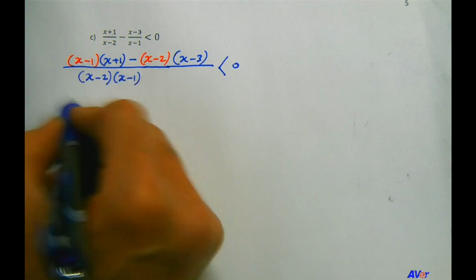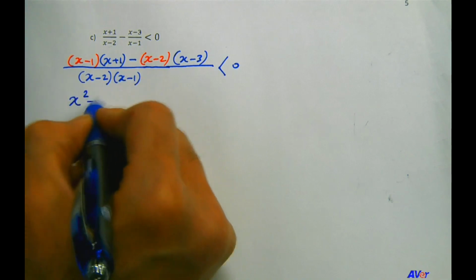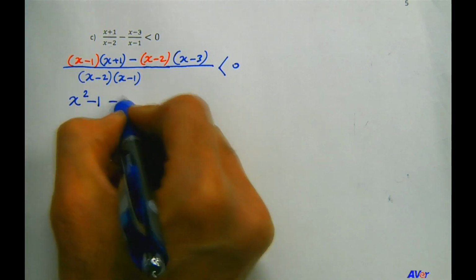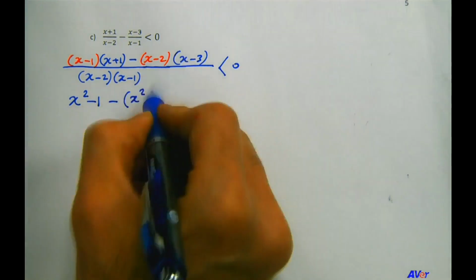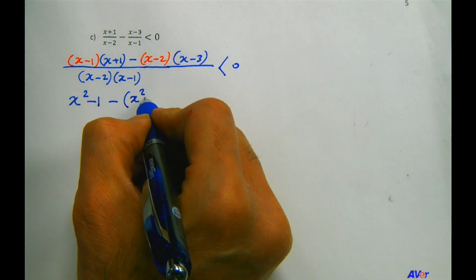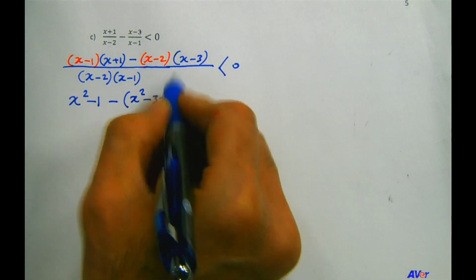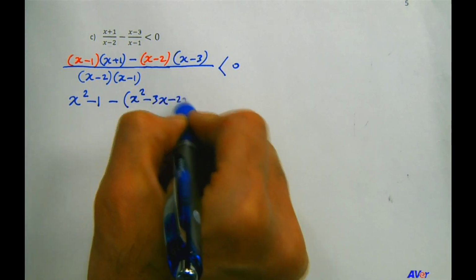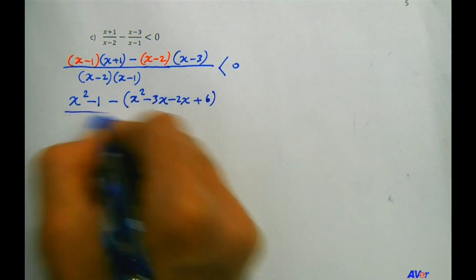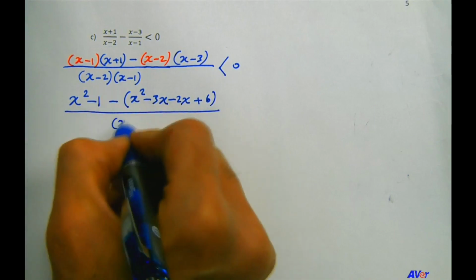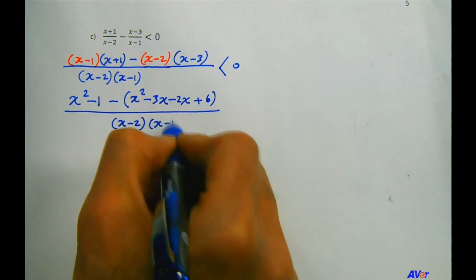We're okay with this. But let's simplify the numerator. So that one we get x squared minus 1. And then we have minus x squared, and I'm going to FOIL this. x squared minus 3x minus 2x plus 6, divided by all of that, x minus 2 times x minus 1.